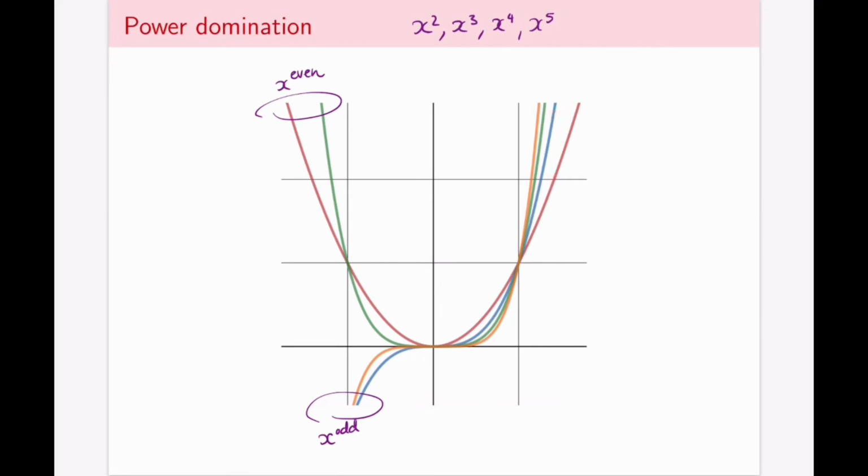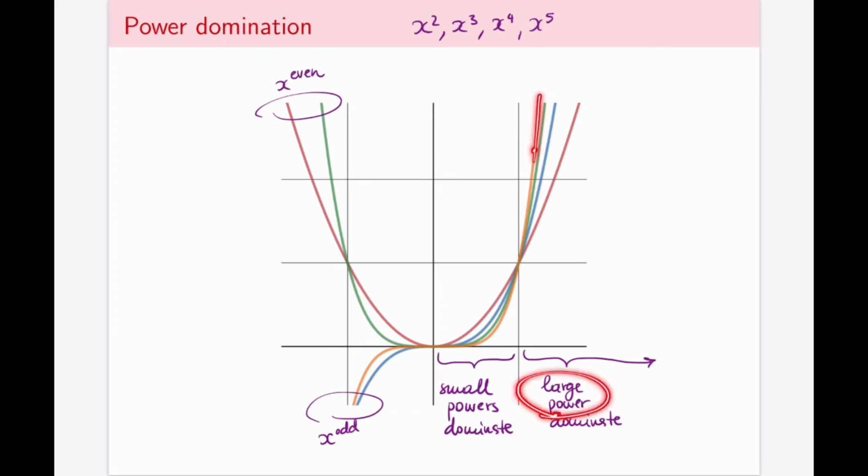So in the power domination, what we say is that near the origin, small powers dominate, whereas from the switch point on, large powers begin to dominate. Near the origin, the function that comes out on top, dominate meaning produces the highest y value, is the function with the smallest power overall. After the switch point, the function that comes out on top with the highest y value, the one that dominates, is the one with the largest power.